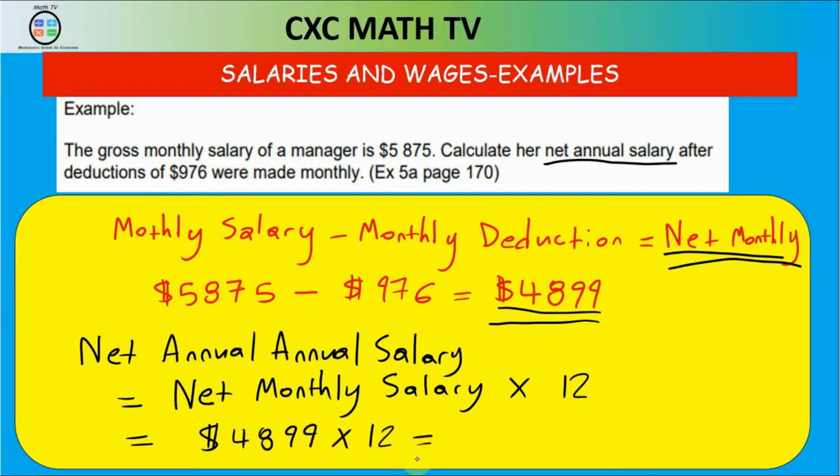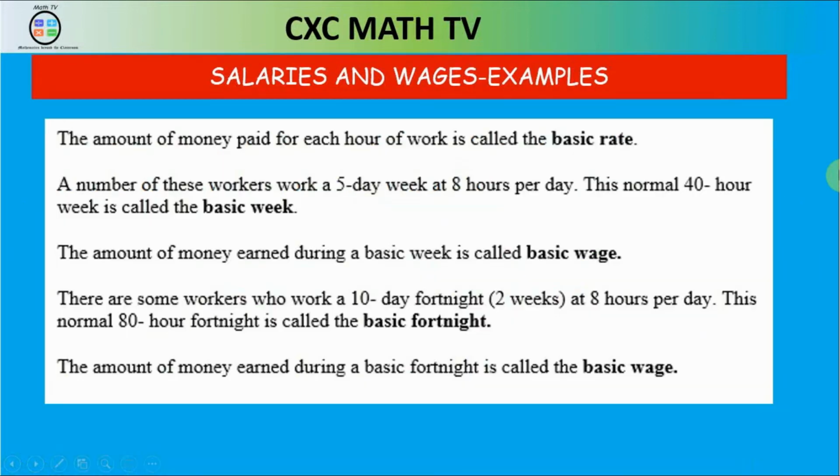So when you multiply that by 12, you're going to get $58,788. That's her net annual salary. For the year, sorry. I said per month, so scratch that. For the year. So in a year, she is paid $58,788. Nice.